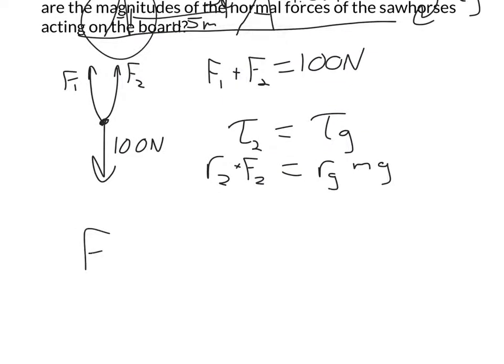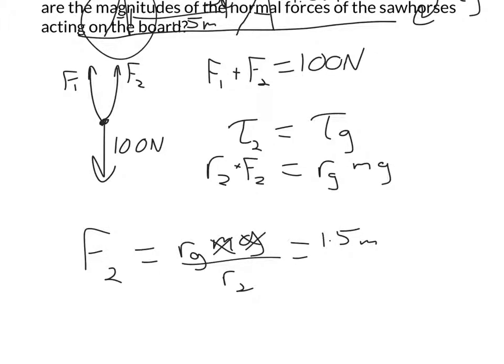Force 2 will be equal to radius of G times mg over radius 2, which we have numbers for. The gravity acts halfway, which is 1.5 meters, times the mass of the board times gravity. They don't give us the mass, they don't give us the gravity, they just give us mg total. So that's 100 newtons together. Keep that in mind. Over R2, and R2 is 2.0 meters.